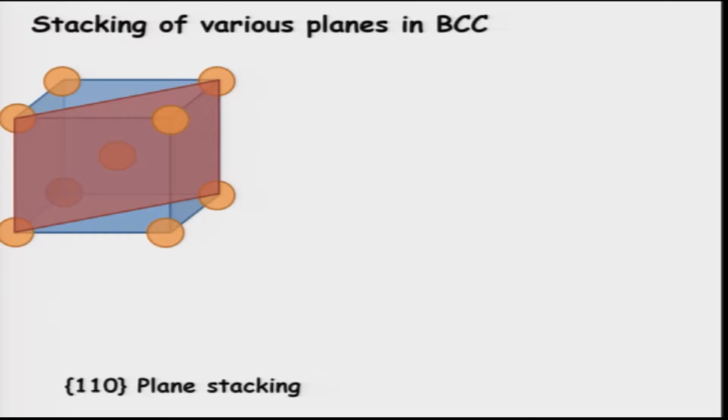Now, let us look at the BCC cube. This is how the BCC cube would look, and here you can see this is the body centered atom and all three sides are equal, A, and this would be your 110 plane. So, this is the 110 plane onto which the dislocations are supposed to be moving at lower temperature.